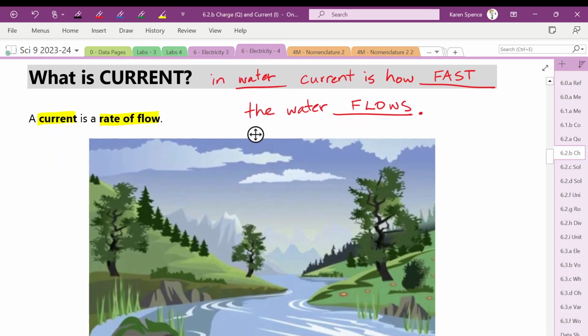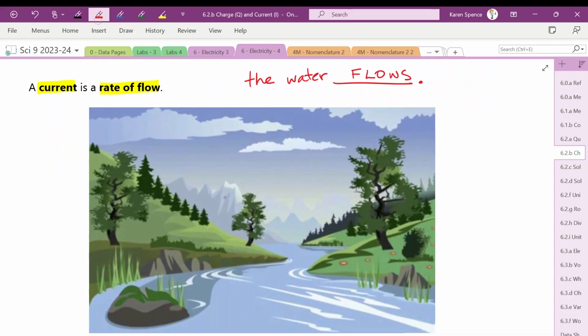And here we have a little picture. So basically, the speed of the water is the current.